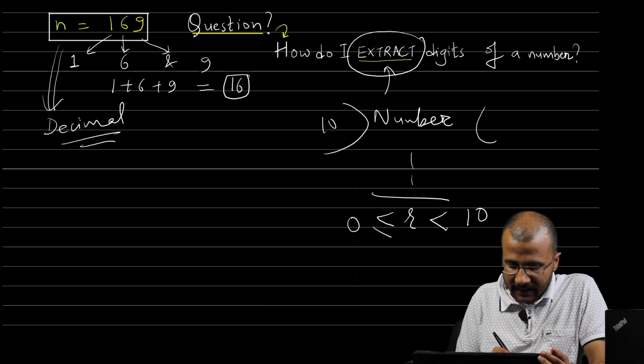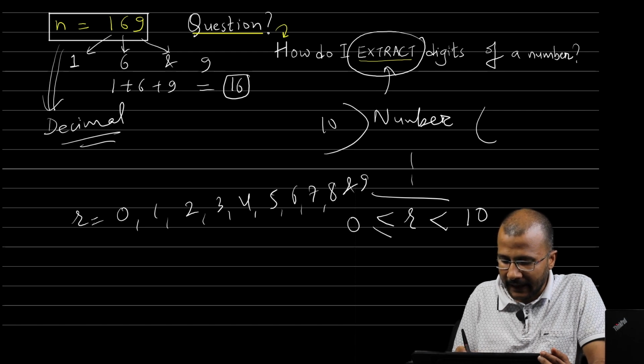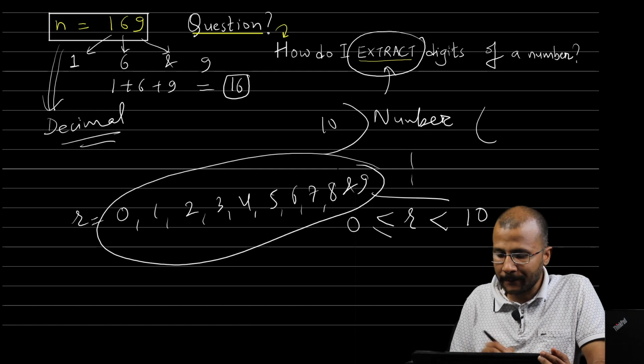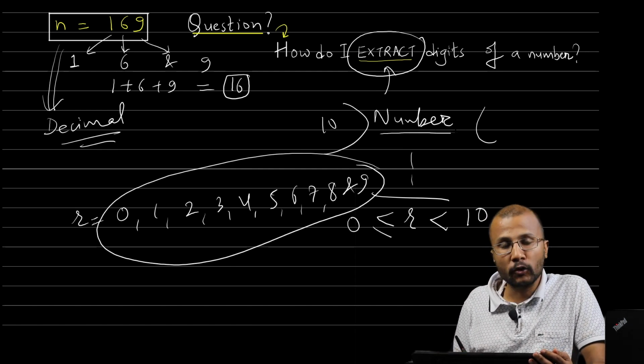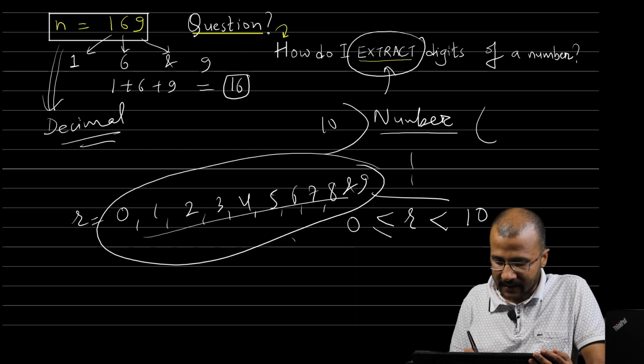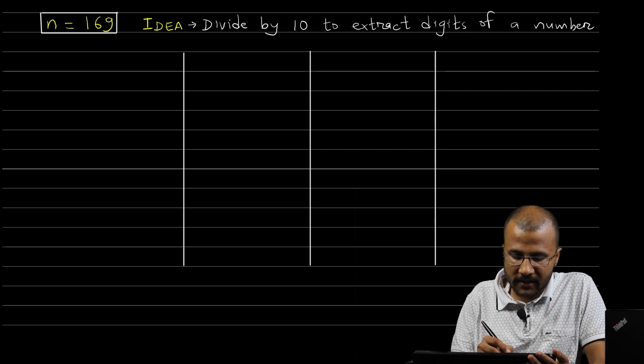So the remainders in this case would be either 0, 1, 2, 3, 4, 5, 6, 7, 8 and 9. So these are the digits of my decimal number system. So if I divide my number by 10, I will be able to get the digits as a remainder of that division. So now let's try to execute this on this number 169.